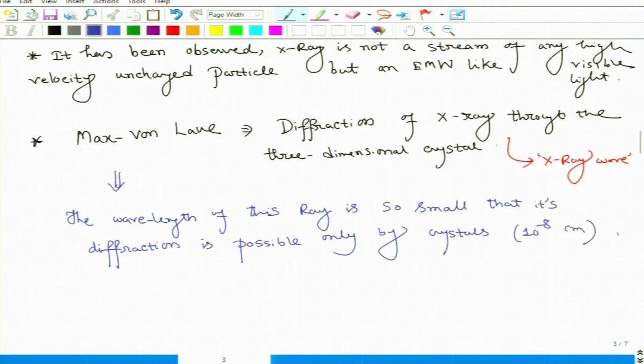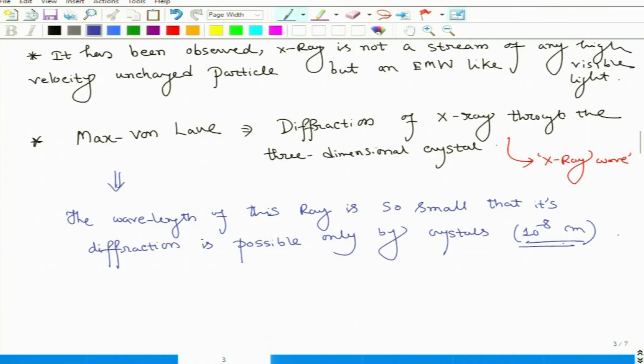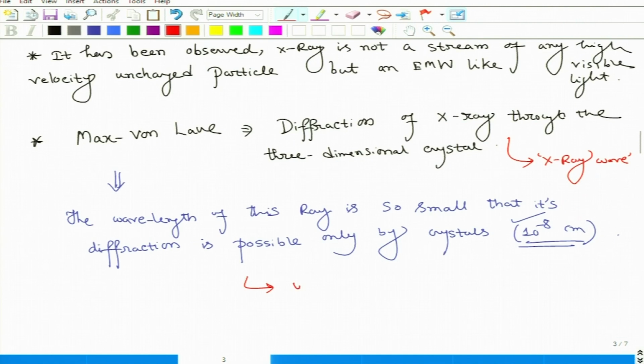In a crystalline solid, the space between the atoms is very small, 10 to the power minus 8 centimeters. Only then is that space comparable to the wavelength of X-ray, which makes the diffraction possible. So it is proved that the wavelength of X-ray is very small. That's why we have to use a three-dimensional solid crystal having very small parameters, 10 to the power minus 8 centimeter, so that it can make the diffraction. So this was the observation. From here we can say that the wavelength of X-ray is very small.